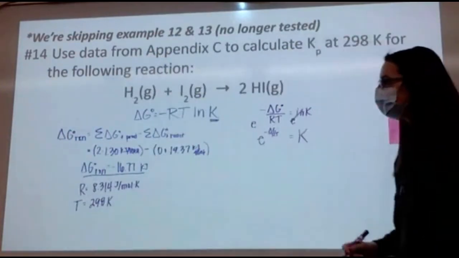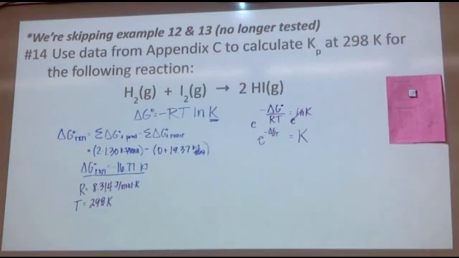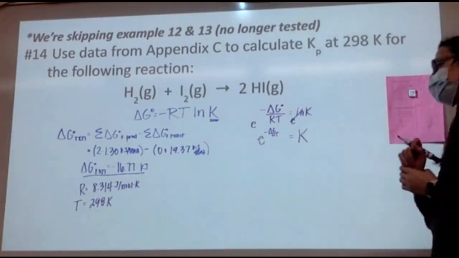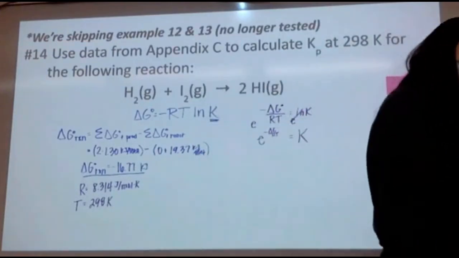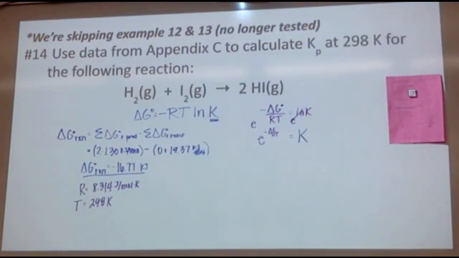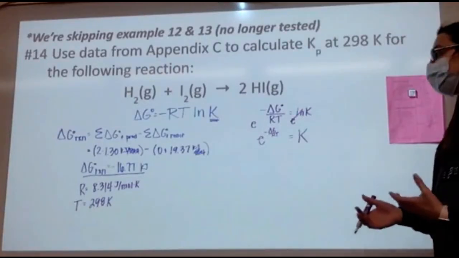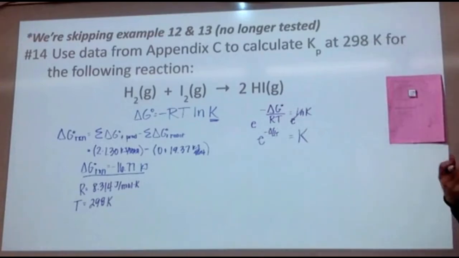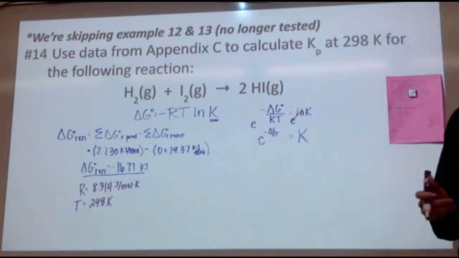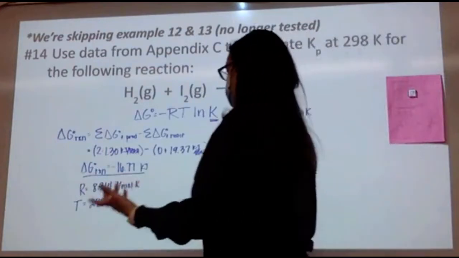Now, if you take a look at these 3 variables, what do you notice? Right, delta G is in kilojoules. R is in joules. Whichever you convert is up to you. I see people convert both ways, whether you convert delta G or whether you convert R. I'll convert delta G for now.